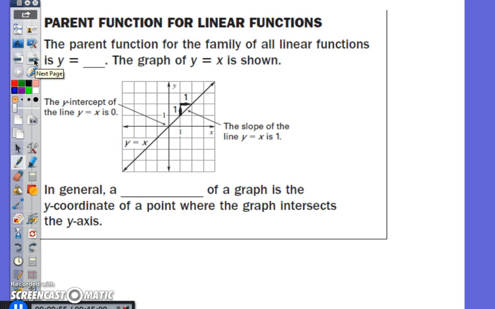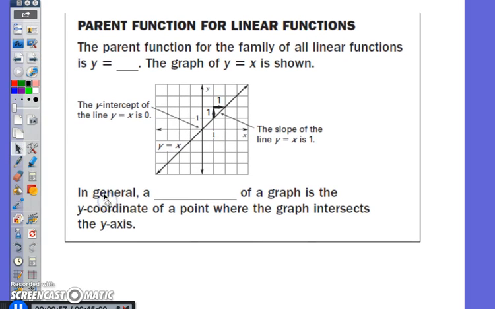Turning the page, we have the parent function, which we were talking about, and it is y equals x. Where our y-intercept is 0, you go up 1 and over 1, so we have a slope of 1.